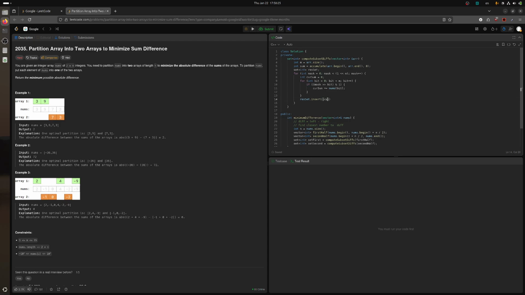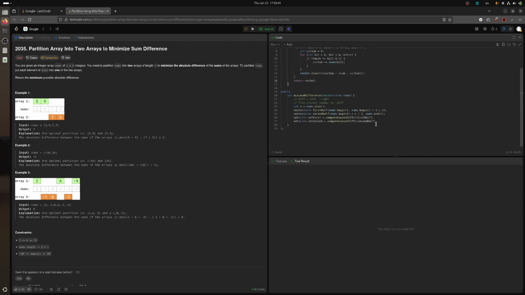So let's say left subset is cur sum and right subset is sum minus current sum. So now we have computed subset sums for each half.